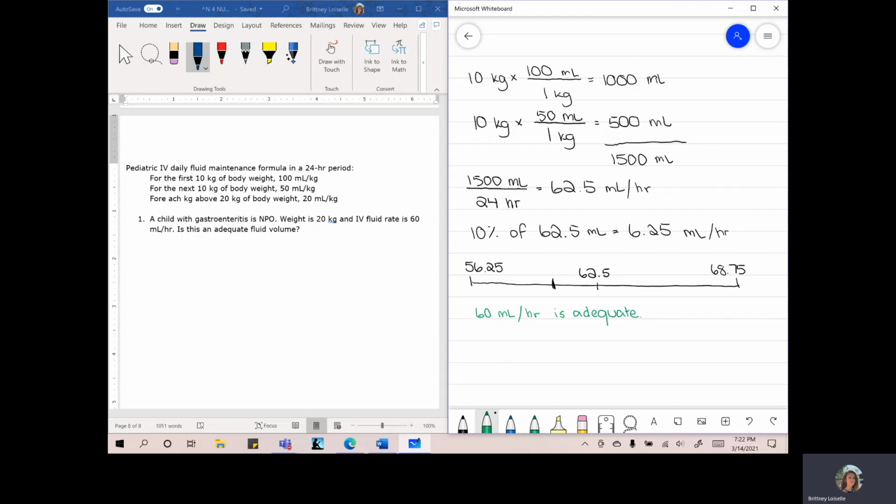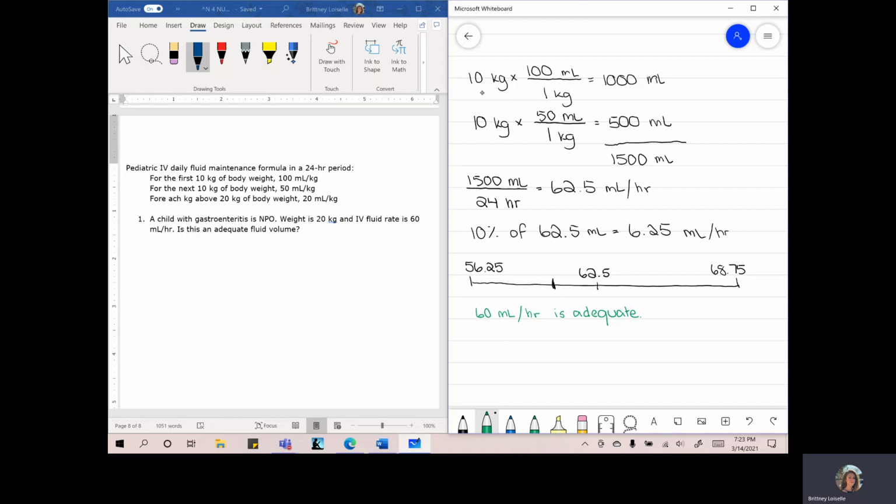Okay, that's how you follow the fluid maintenance formula for a patient in the dimensional analysis format. And it's actually the same way you would do it for a desired over have format as well.